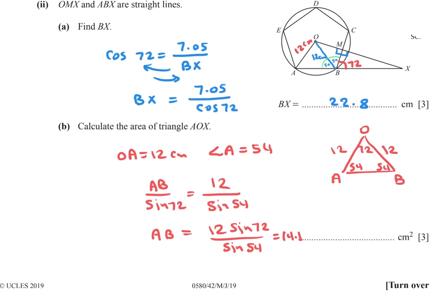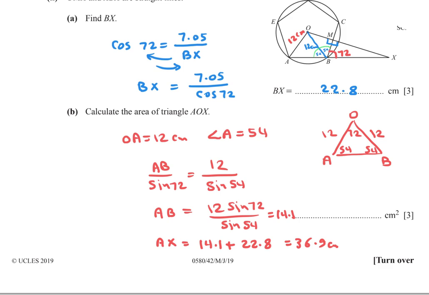Now we can find AX. AX equals 14.1, which is AB, plus 22.8, which is BX, so equals 36.9 centimeters. Then you can find the area.